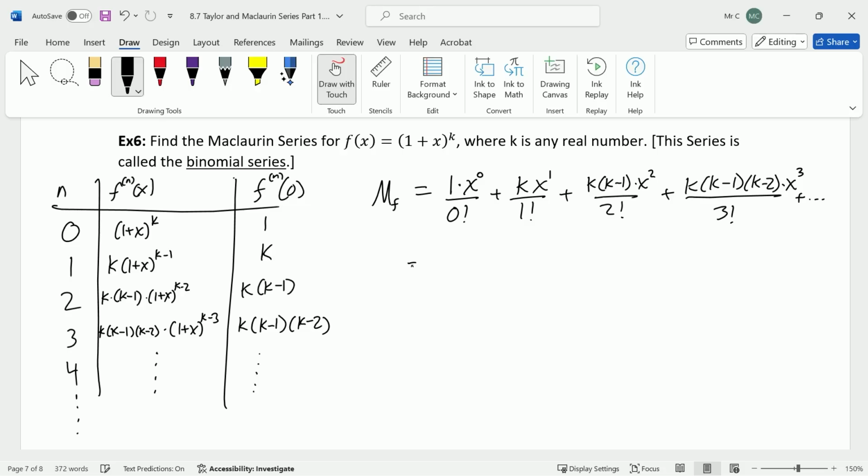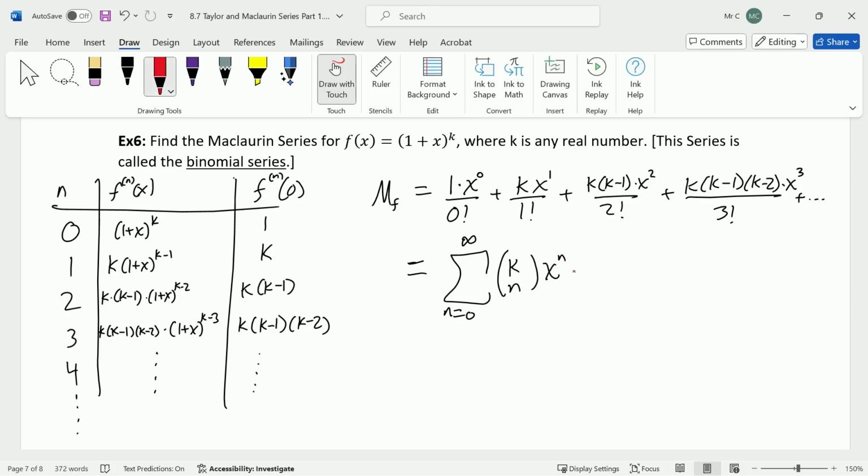And now, how can I write this in series form? Well, the way we denote this in series form is as follows. I write the sum from n equals 0 to infinity of k choose n times x to the n.